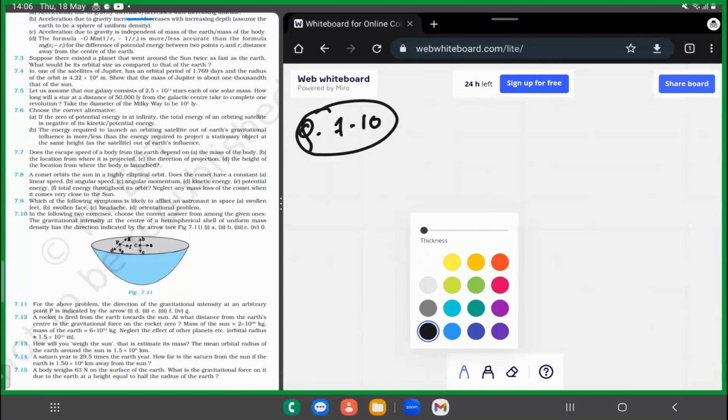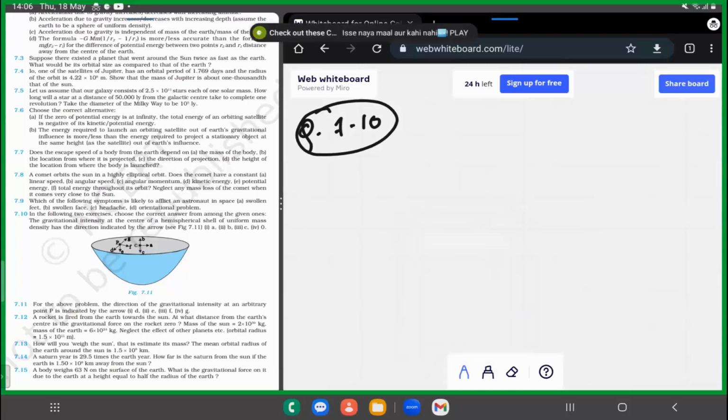If we describe the hemispherical shell, you know that the gravitational field at every point inside a complete sphere is 0.